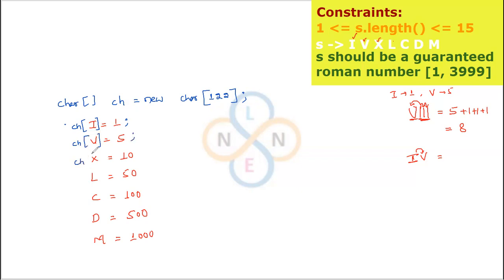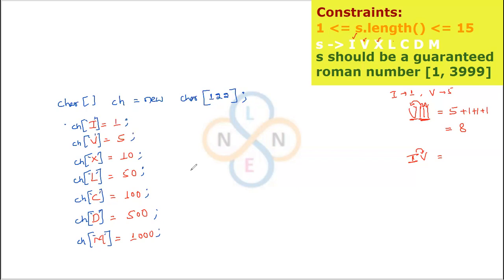Like this, all these are ch of the corresponding characters, and we store them with the corresponding integer values. One more important thing: we have to use them in single quotes. I, V, X, all these 7 alphabets should be in single quotes. This is the first point. I'm approaching in a different way, which is easy and convenient for you.